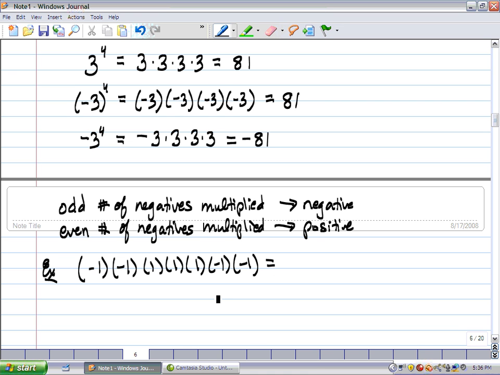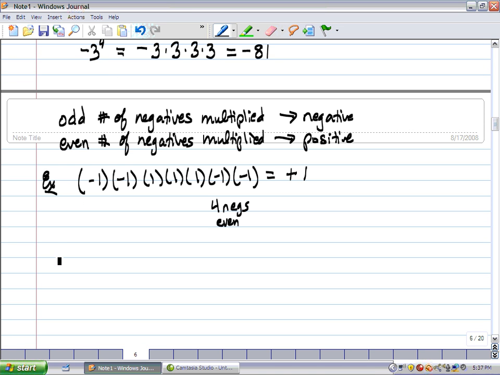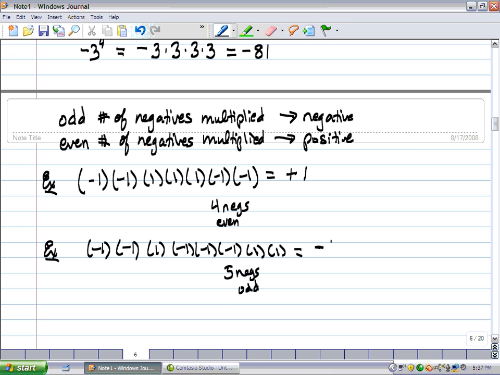I have 4 negatives. That's an even number. So my answer is going to be positive 1. Negative 1, negative 1, positive 1, negative 1, negative 1, negative 1, positive 1, positive 1. How many negatives do I have here? 5 negatives, which is an odd number. So my answer is going to be negative 1.